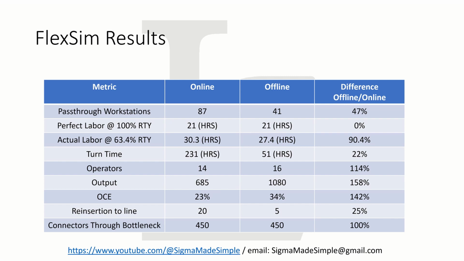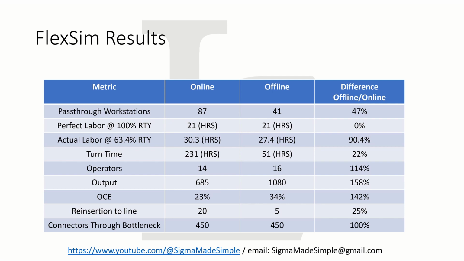The added labor is 27.4 hours instead of 30.3, which is 90% of what it was before for online. This is because we're not piecemealing the rework and we're accumulating the non-conforming connectors and working them in parallel at points and reducing the labor in that way.